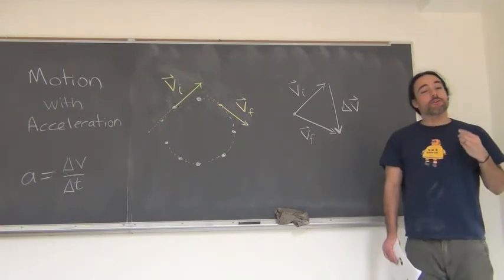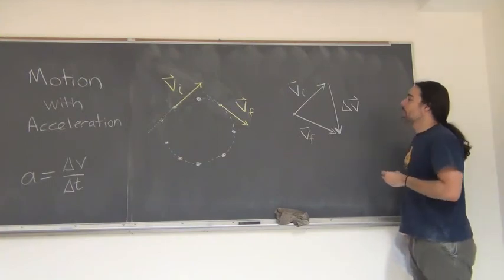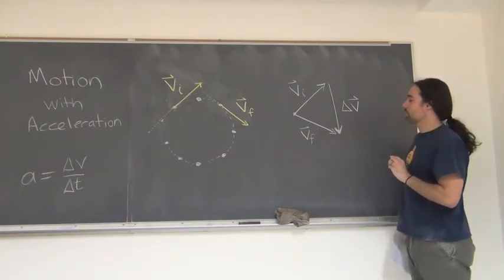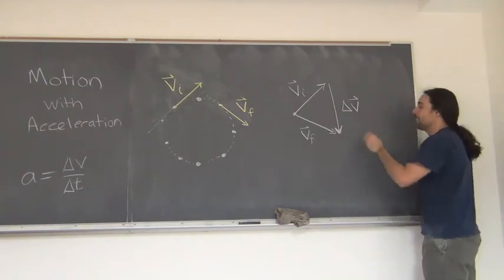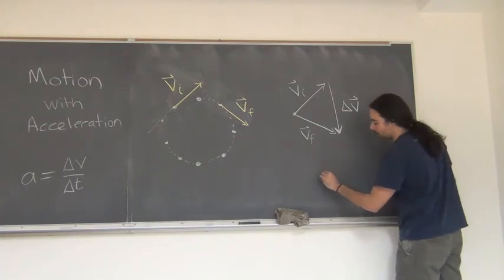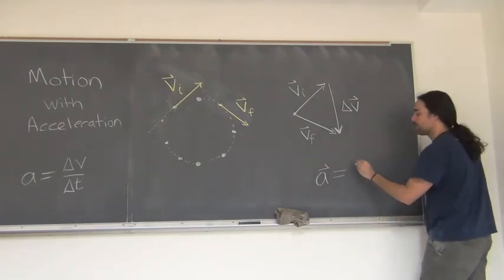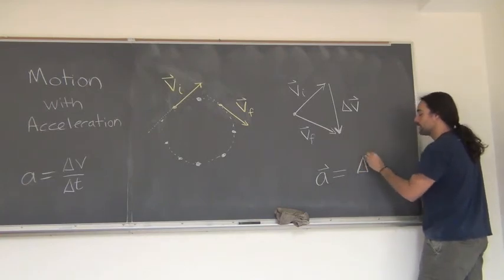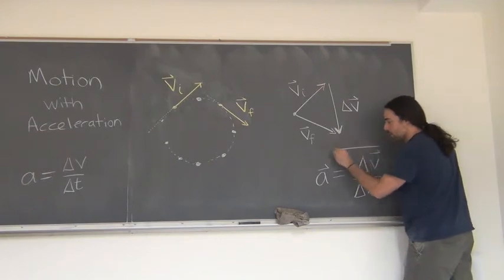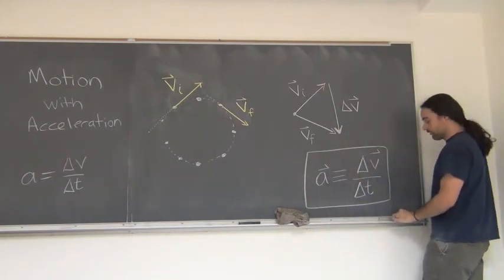And that's going to tell me the direction of the change in the velocity. The acceleration, the vector acceleration, is going to be written as the change in the vector velocity divided by the change in time. We're going to treat this as a definition, so I'll give it three equal signs.